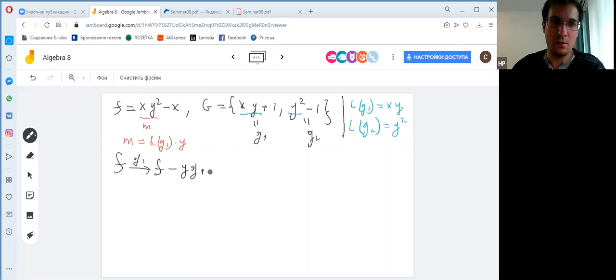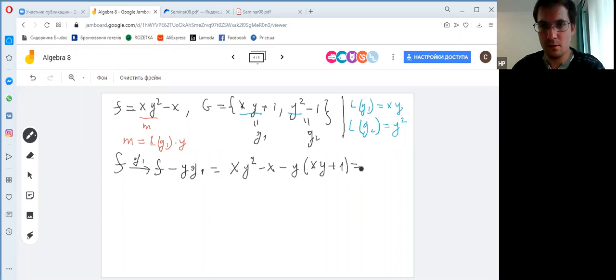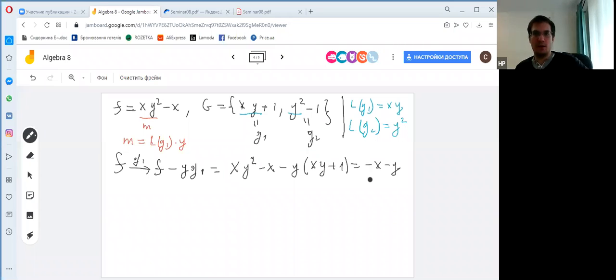This is equal to x y squared minus x, this is f, minus y multiplied by g, xy plus 1. So we have minus x minus y. Can we reduct this polynomial minus x minus y once more?